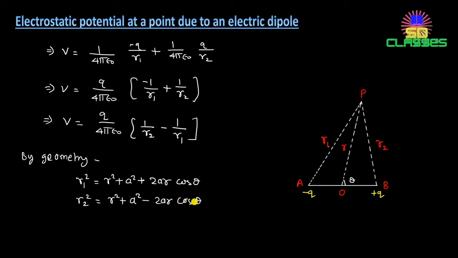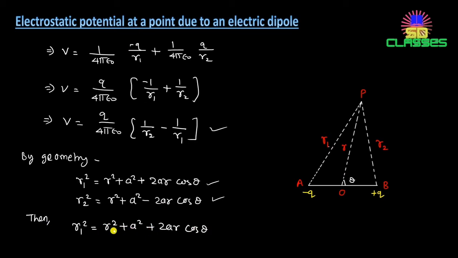If you want to know how this geometry is being used, then please watch this video, and a link has been provided at the end of your description section. You can click on the link and know how this geometry is being used to find out these two expressions.